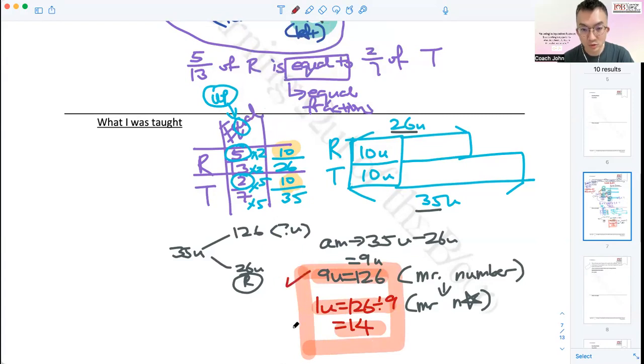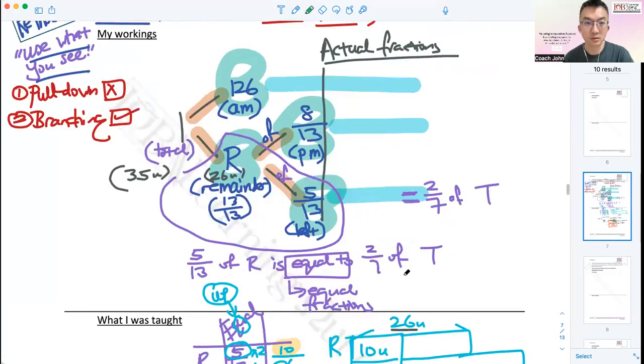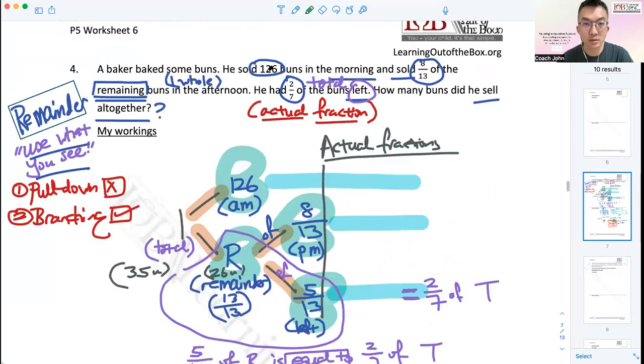So when you have this, you need to have this, and a lot of times, in most cases, this one is actually given. The Mr. Number is always given. So the function of the number is to find 1 unit.